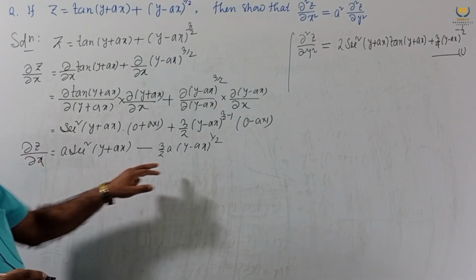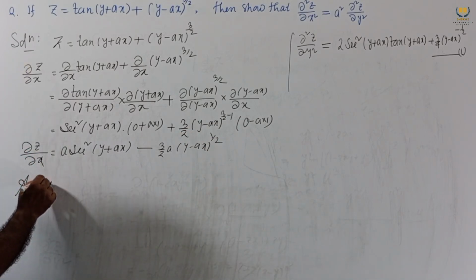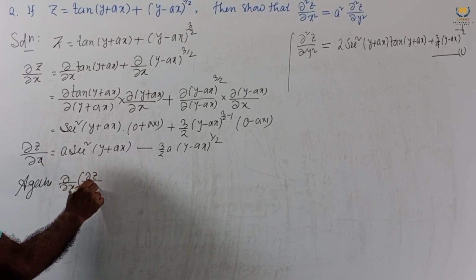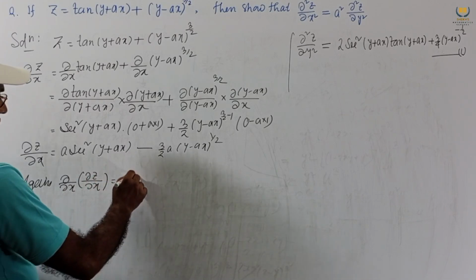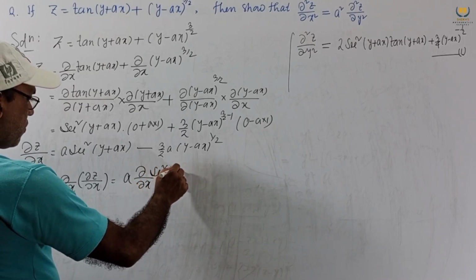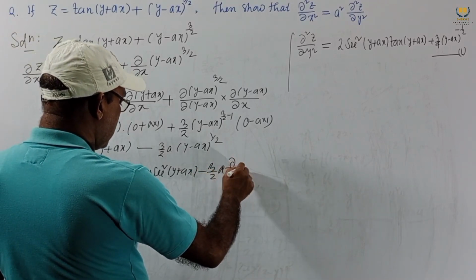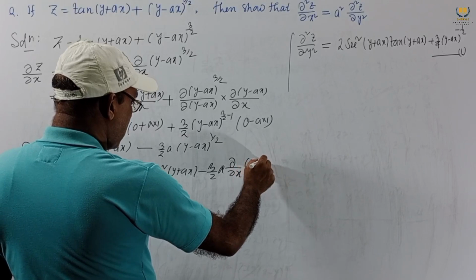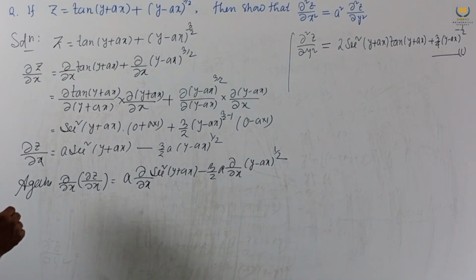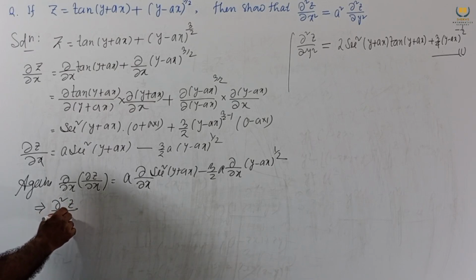This is our del z by del x. Again we differentiate both sides with respect to x: del/del x of del z by del x. This is a del/del x of sec square (y plus ax) minus 3 by 2 a del/del x of (y minus ax) to the power 1 by 2. This implies del square z by del x square.